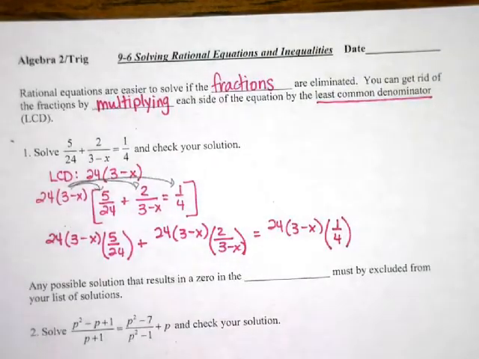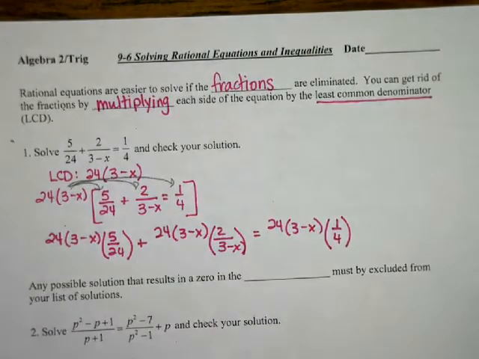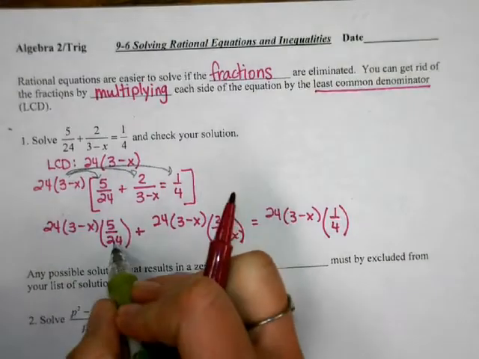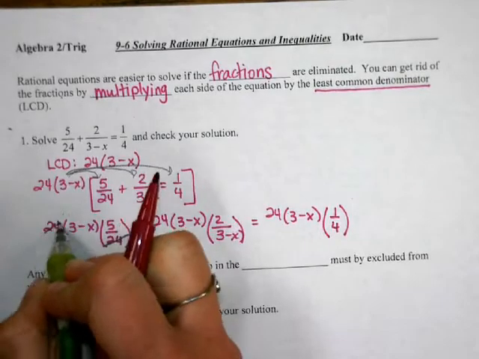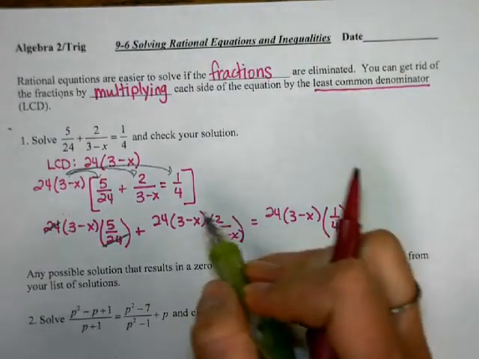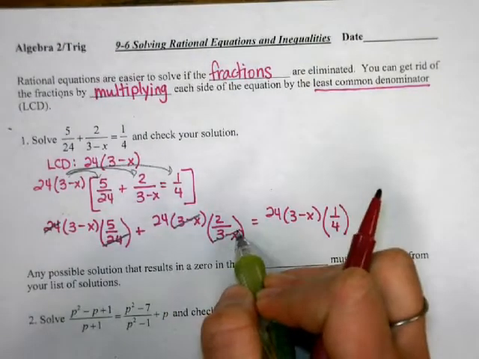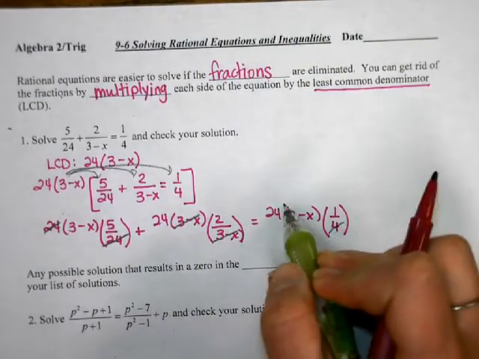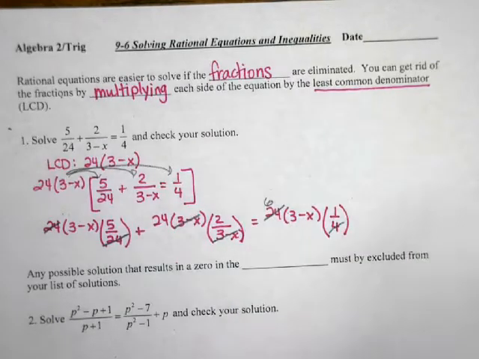Now I can cancel some things out and see if I can get rid of the denominators, which I should be able to because we chose our least common denominator. So I can cancel the 24, and then I can cancel the 3 minus x, and over here I can reduce the 4 and the 24 and make that a 6.